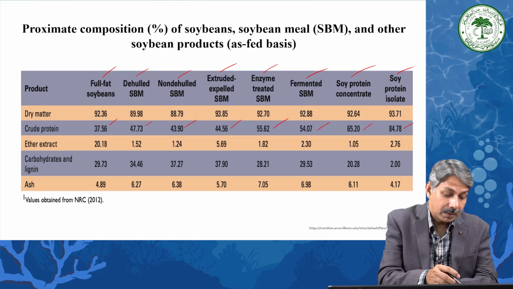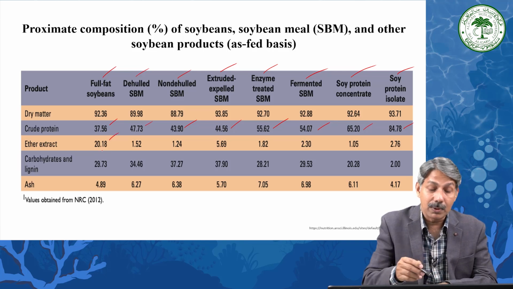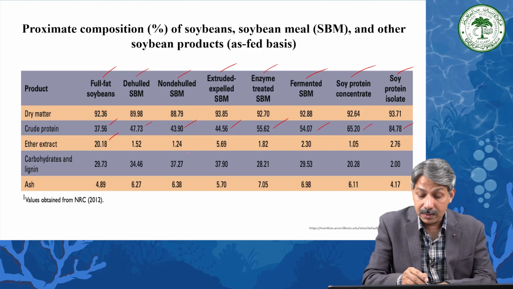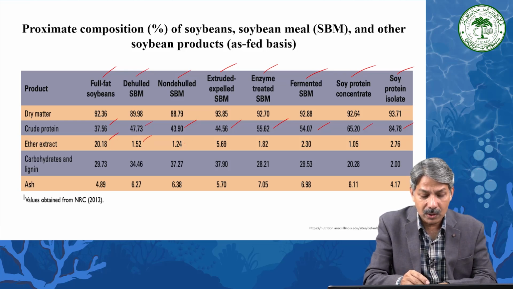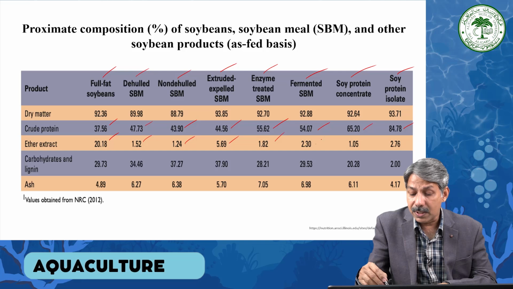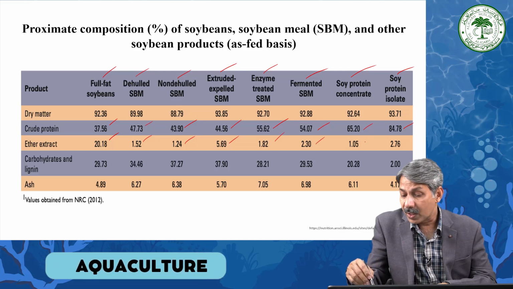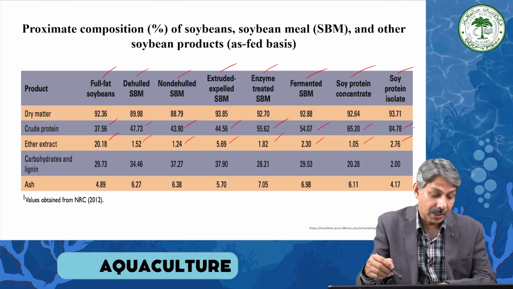Then about fat or oils, that is represented here in the form of ether extract. Full fat soybean, of course, will have higher ether extract, and dehulled 1.52 is quite low, non-dehulled 1.24, extruded expelled 5.69, enzyme treated 1.82, fermented soybean meal 2.3, soy protein concentrate 1.05, and soy protein isolate 2.76.